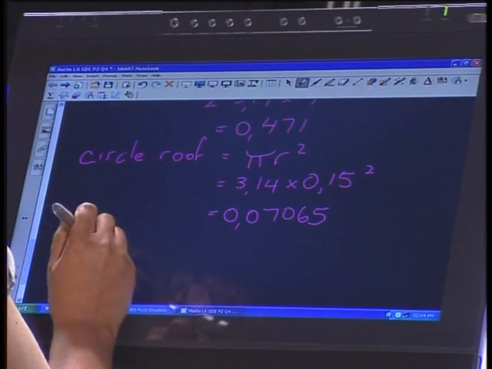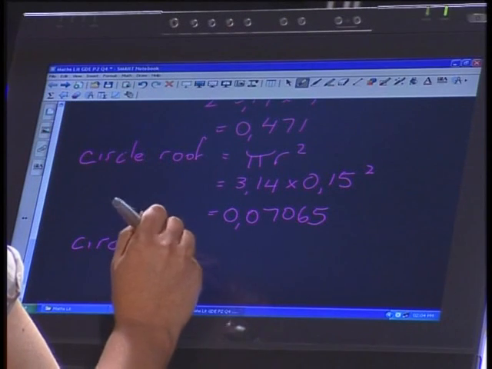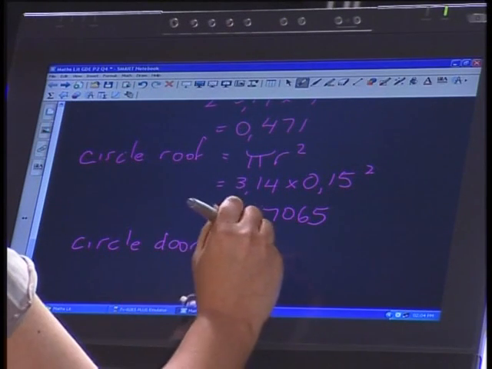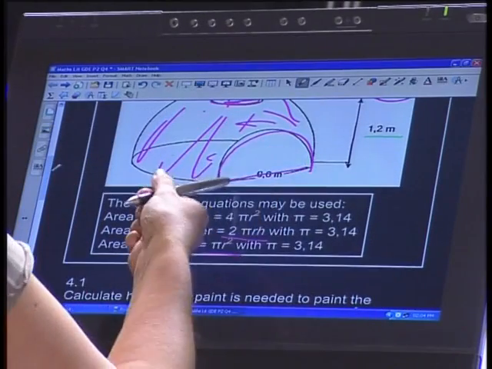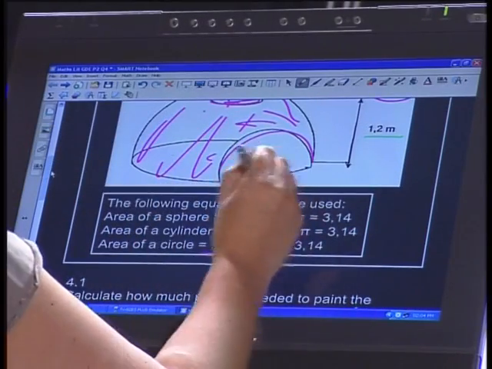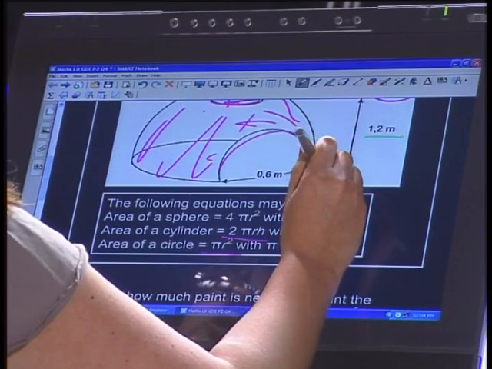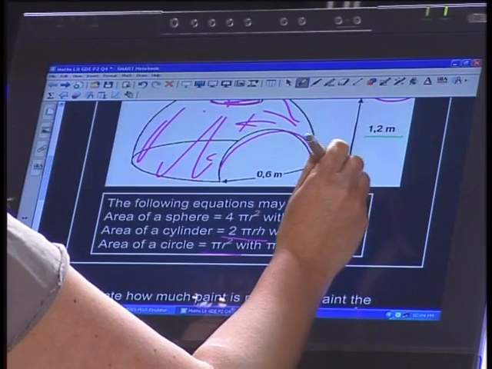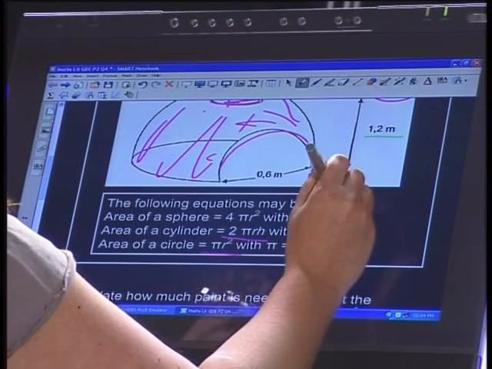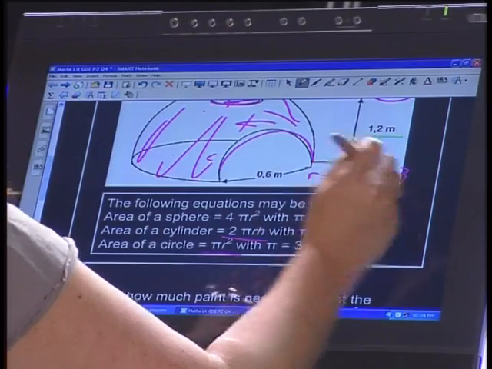We had 0,6 diameter. We need the door. Okay, so that's pi r squared. Let's go back up to the picture. You're right, our diameter is 0,6. So what is my radius for the door? 0,3. 0,6 divided by 2. Perfect, 0,3.